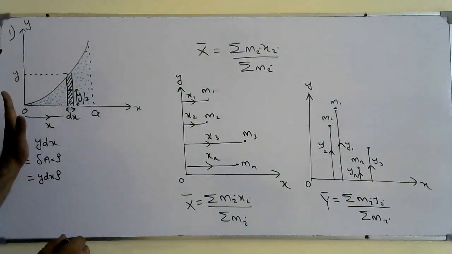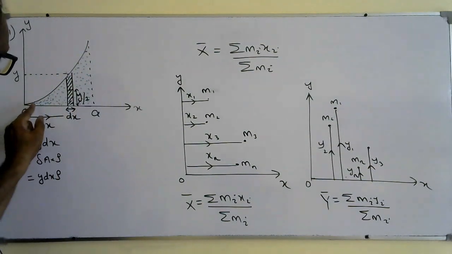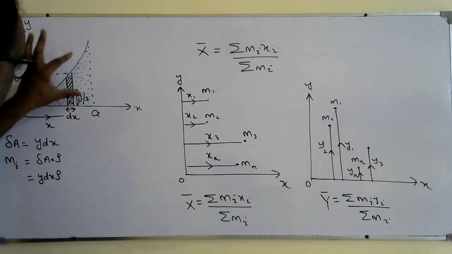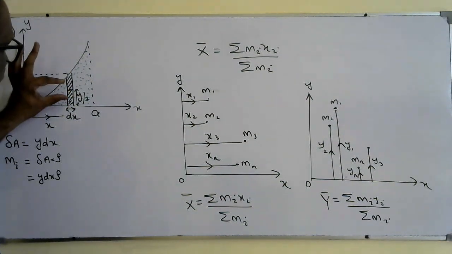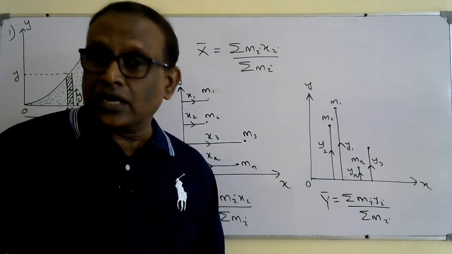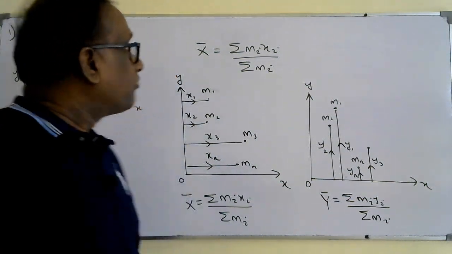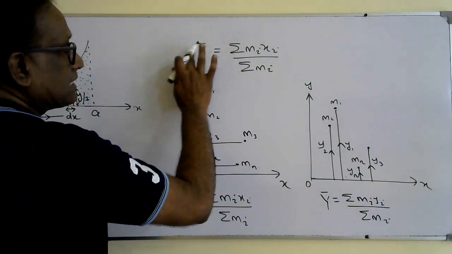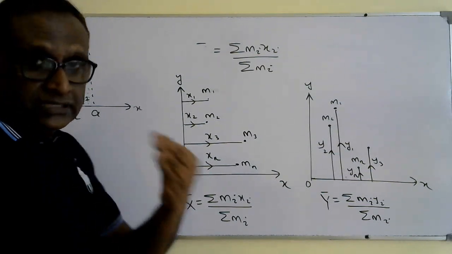So I can fill the whole shape, the shaded lamina, by filling it with several strips like this. So I need to find finally the center of mass of this lamina. For that I am going to use this equation. I am going to use y bar because the question is about the y-coordinate of the center of mass.